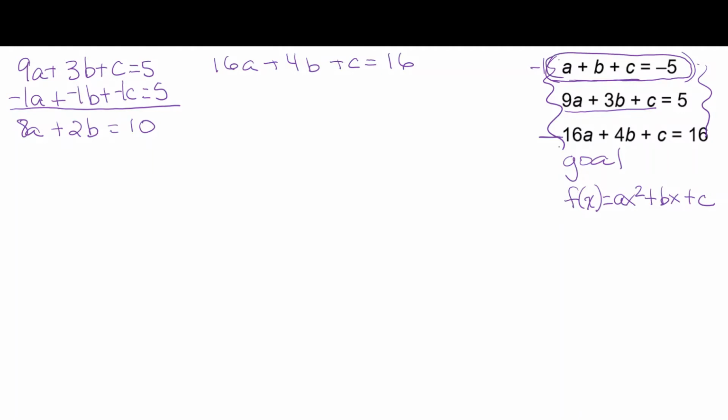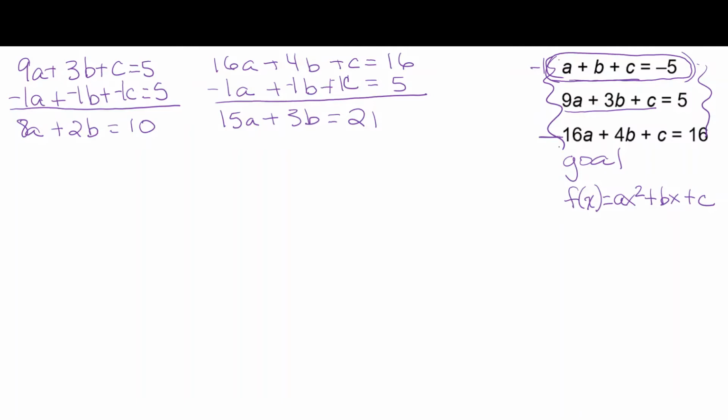So that's going to leave me with -1a plus -1b plus -1c equals positive 5. All right, so now when I add these together, I get 15a plus 3b, 1c minus 1c is 0c, equals 21.